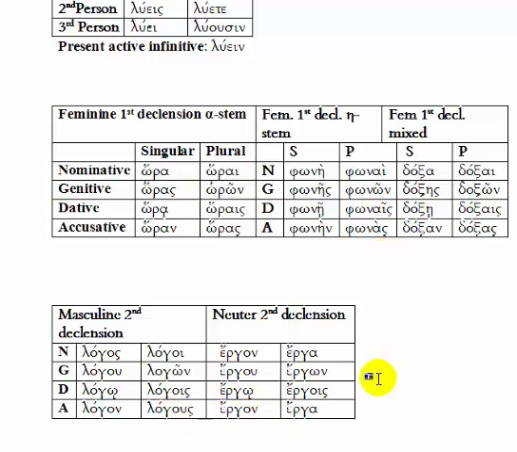So be aware of these patterns. When we get into translating, you're going to have to know how these patterns work, because you need to know the syntax of how these particular nouns are used in the sentence. Well, with that, let's go and take a look now at the practice sentences that I made.